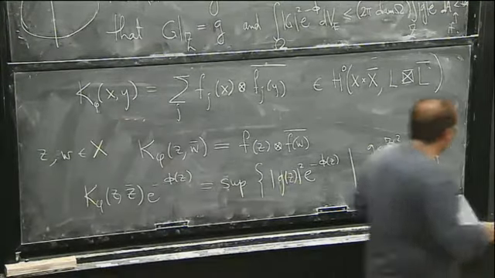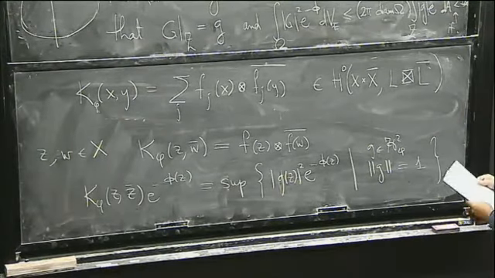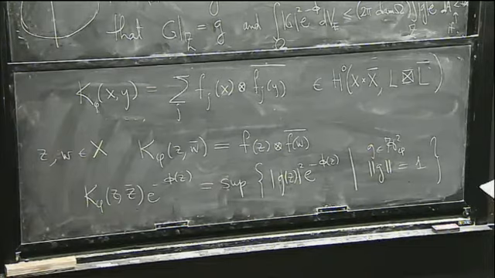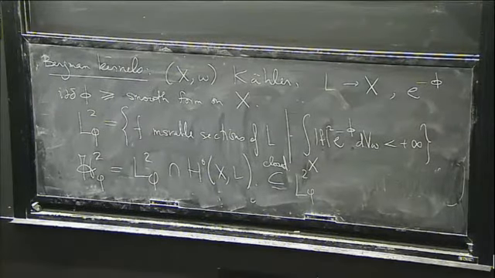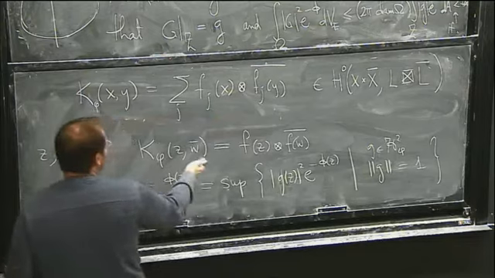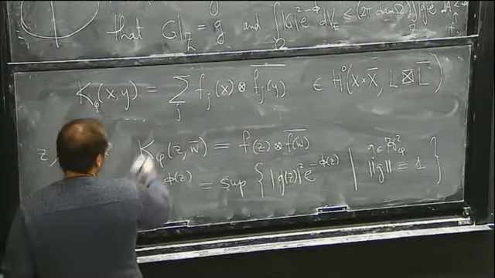Okay. And the other thing about this is that when you evaluate this on the diagonal, it's really a sum of squares of holomorphic sections.